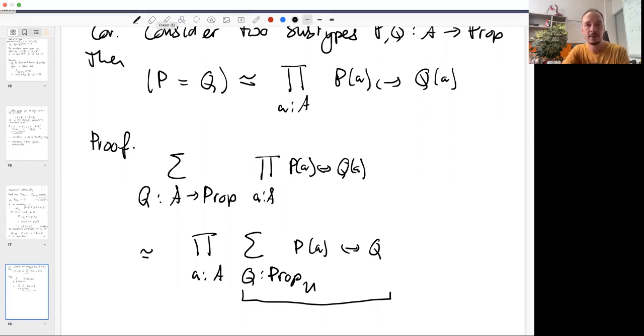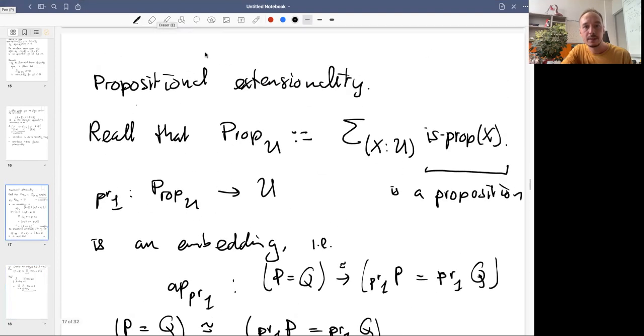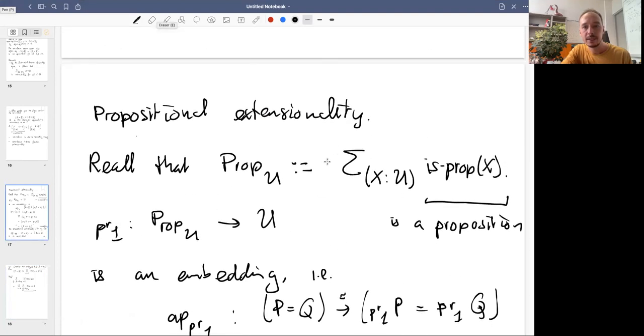This is a good moment to ask questions, if there are any. Why did we even need to introduce projections? Well, it's because prop is defined as this sigma type. An element of type prop is not just a type.